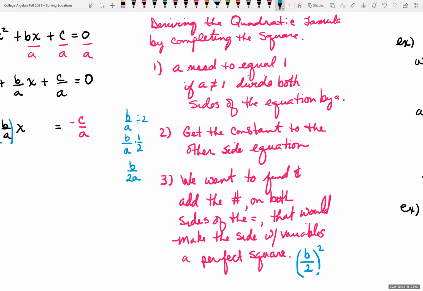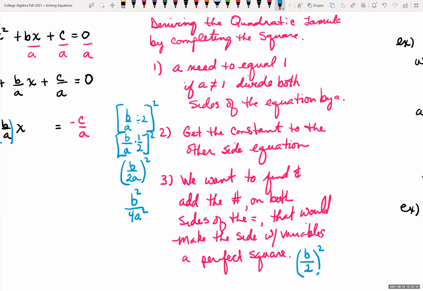But it tells me that I want to square this. So remember, when you're squaring fractions, you're squaring both the numerator and the denominator. So if I square b, I get back b squared. And if I square 2a, well, 2a times 2a gives me back 4a squared.